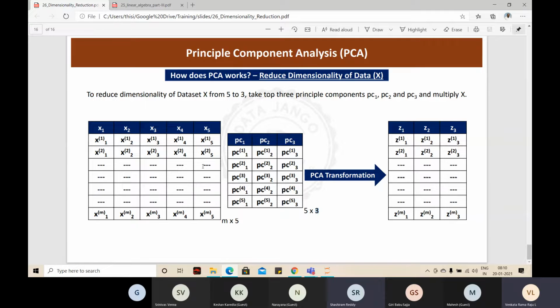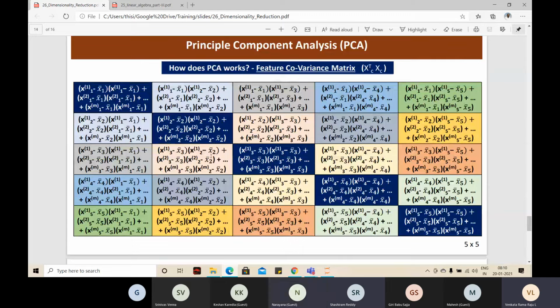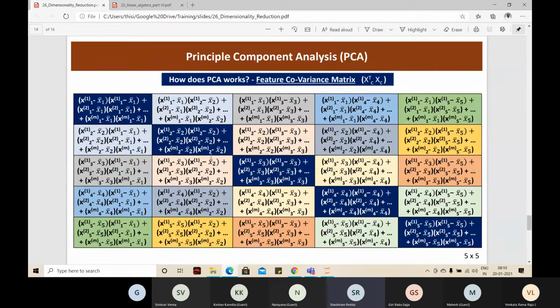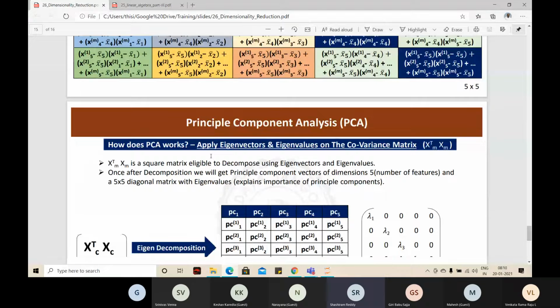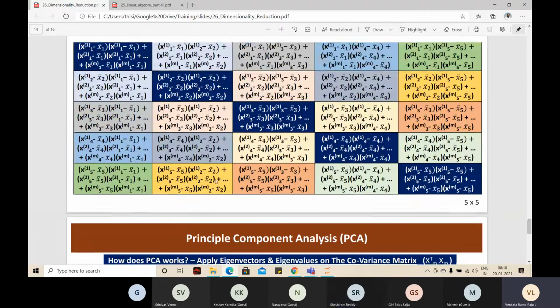So this m by 5 matrix is not the covariance matrix, right? It's original data. Original data, yes. This is covariance. The covariance matrix is only used for the principal component analysis or for decomposition. To find the most variant directions, the principal components, we will use the covariance matrix.